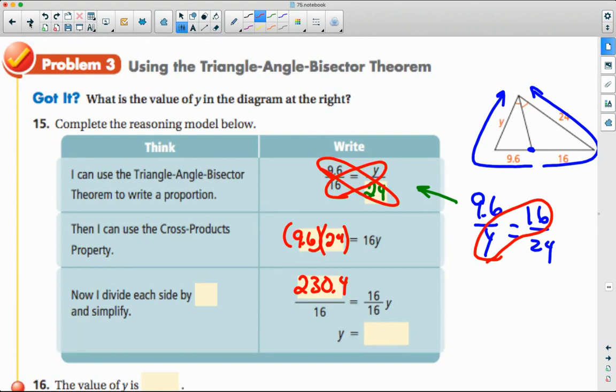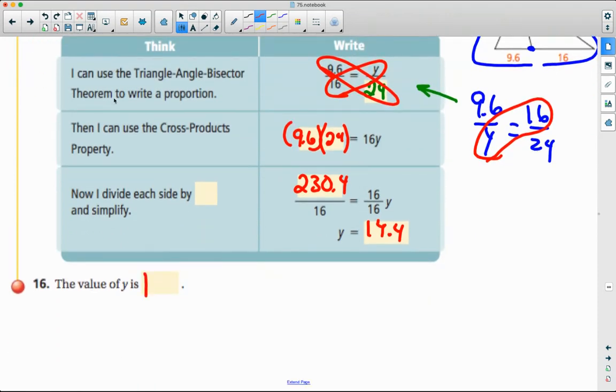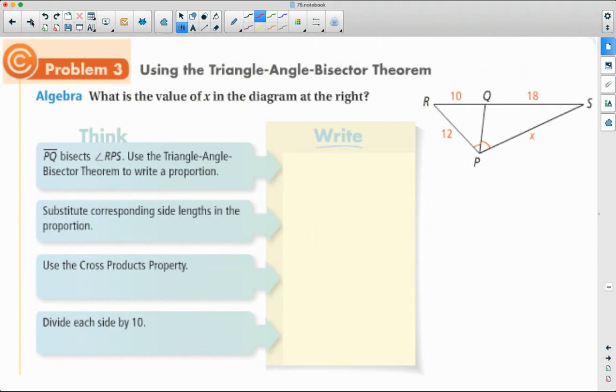Divide both sides by 16, and it's 14.4. So the value of y will be 14.4. Go ahead and try this one on your own, and then we'll talk about it together. So pause the video.